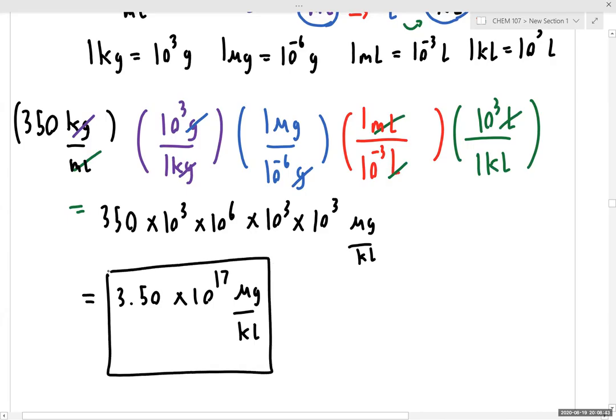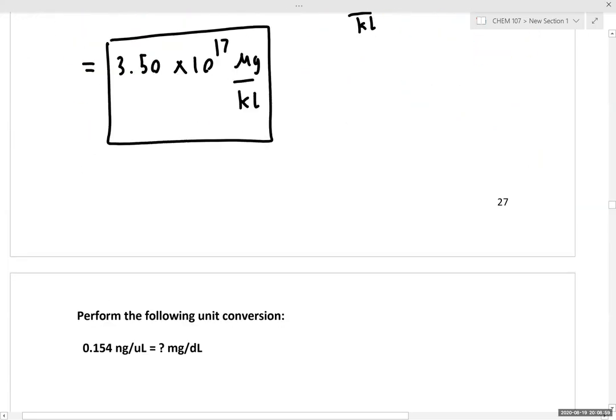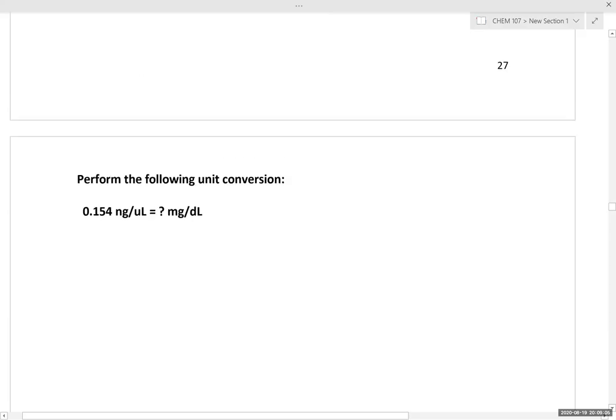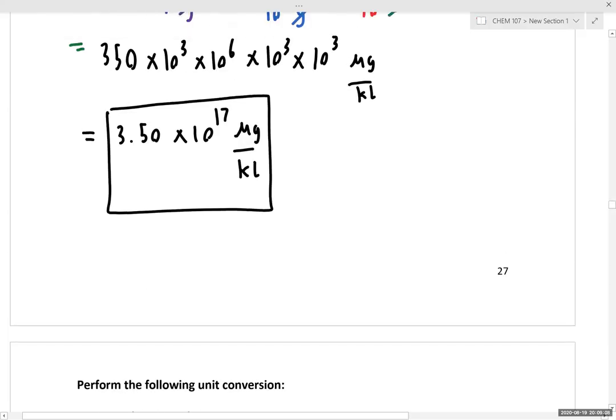Does this make sense to everyone so far? Okay, so let's try to apply what we've learned to the following example. Sorry, what was that?